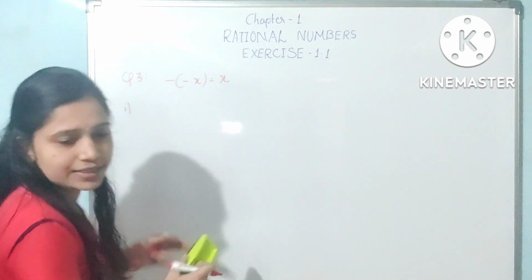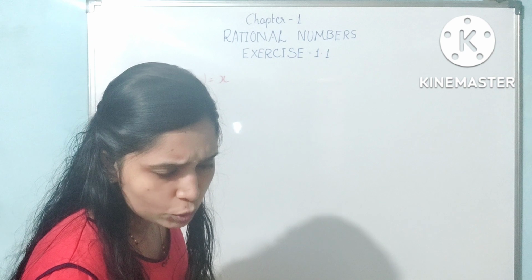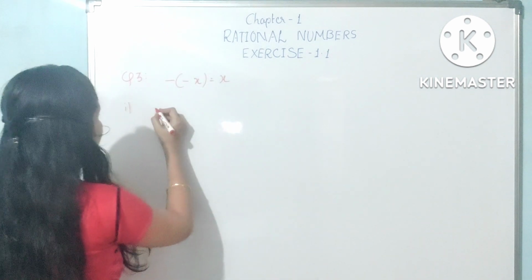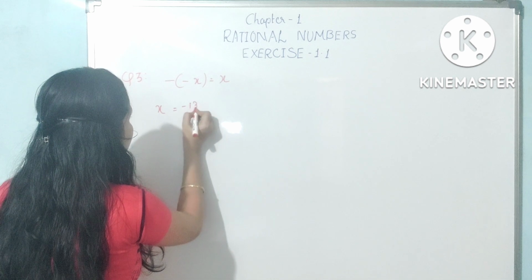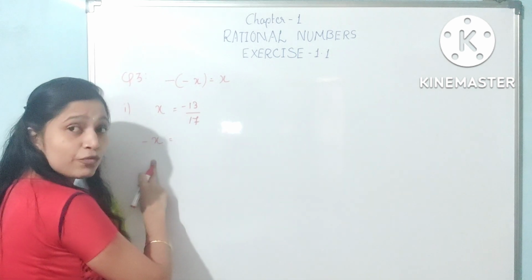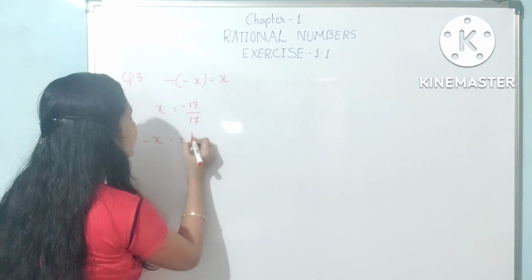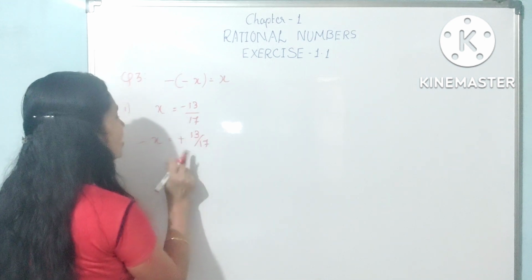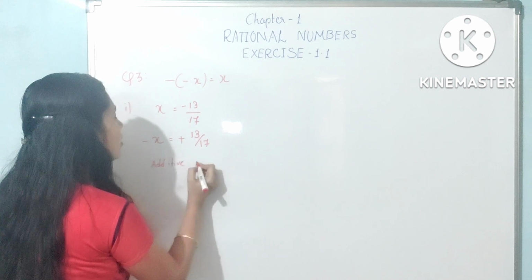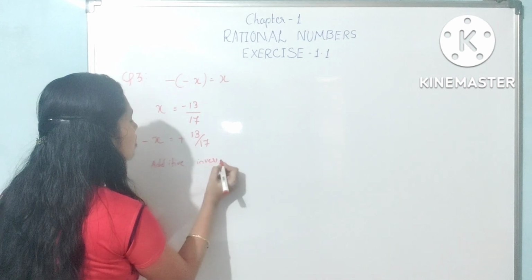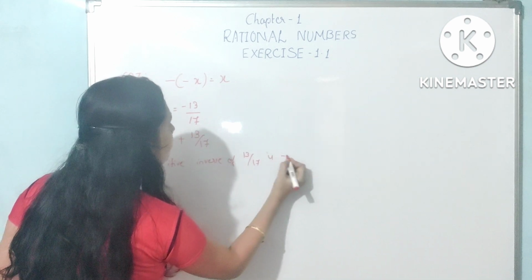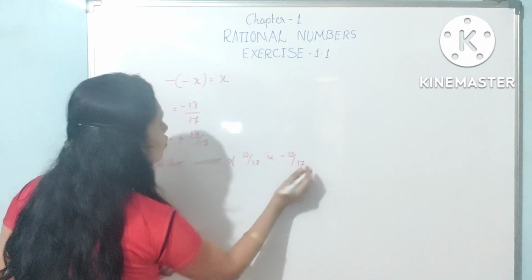The next question is x is equal to minus 13 by 17. Okay, now what is the value of minus x? It is plus 13 by 17. So we can say additive inverse of 13 by 17 is minus 13 by 17. Why?